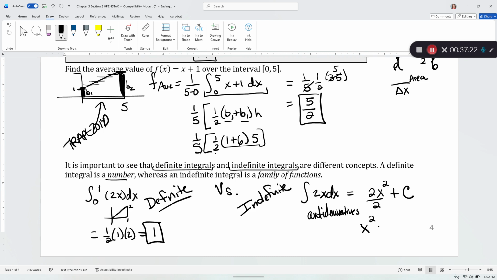So this was x squared plus c. This is a family of functions. A definite integral is a numerical answer. An indefinite integral is a family of functions because you don't have a way to evaluate, right? There's no start and there's no stop. So it is, like, these are the results, okay? That concludes this section.